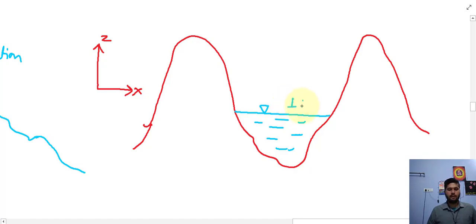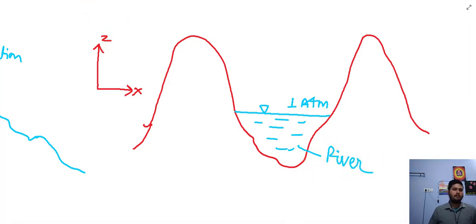So 1 atmospheric pressure occurs at this river. In this diagram, we are showing the cross section of the river. Depth is taken from the free surface of the river. The whole diagram is the cross section, and depth is again taken from the free surface of the river. These are the two mountains.